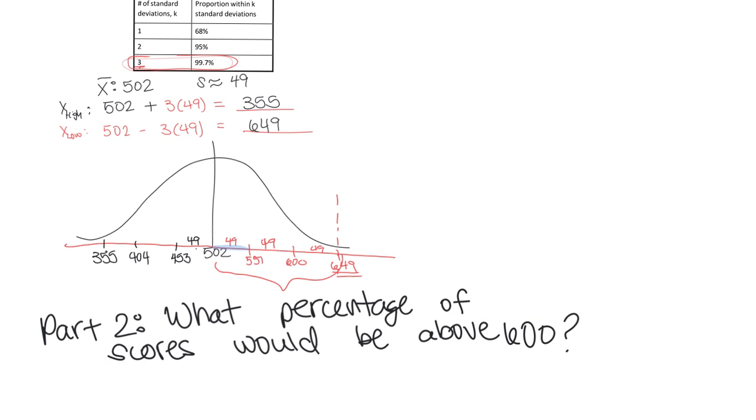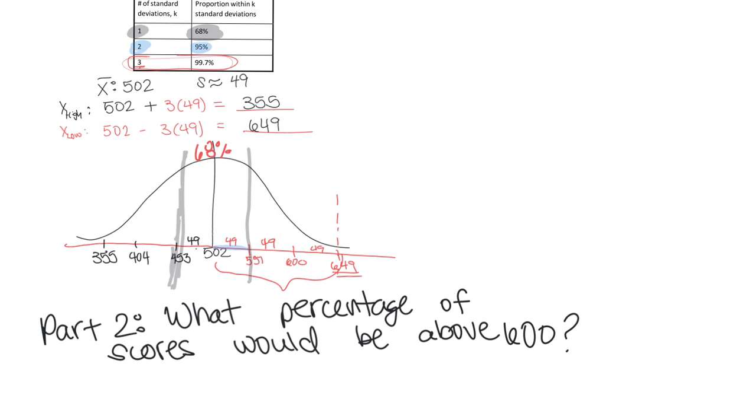Okay, so one standard deviation is 68% proportion within k standard deviations. So this shade from here to here, which is 1 standard deviation away, is 68% of the data values. All right, 2 standard deviations away is 95%.